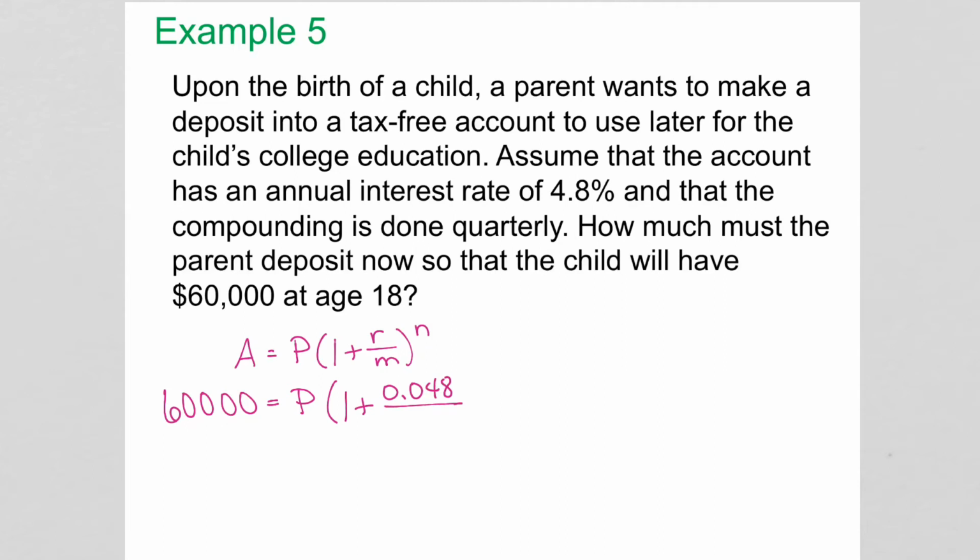It's compounded quarterly. That's 4 times a year. So 4 is M. And N is, we'll go out to the side, compounded 4 times a year for 18 years. So N is 72.